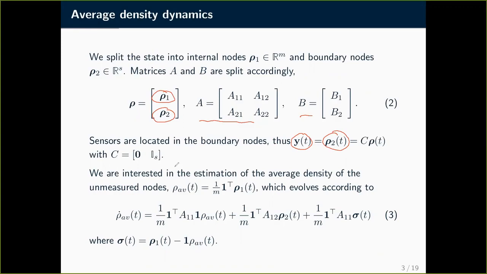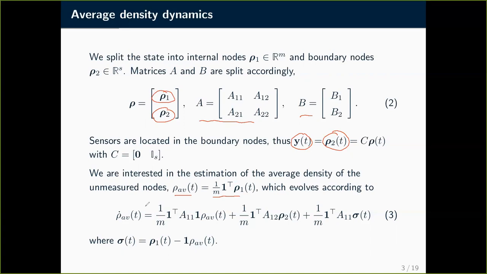Therefore, using this information, we want to reconstruct the average density, which we define in this way, corresponding to the arithmetic mean of the internal nodes. So we want to know the average of only the interior of the network.